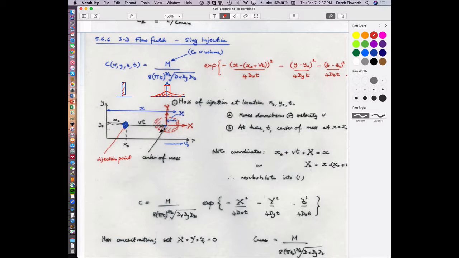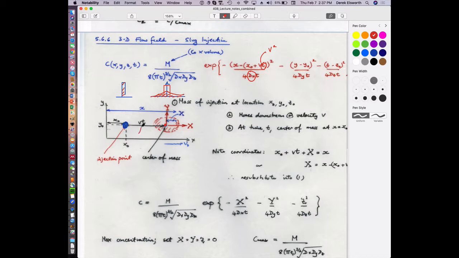And so this is basically the bell curve, the Gaussian distribution curve, and it's described by this. A coefficient that represents the rate at which it spreads, the time since you released it, and the advective velocity as it gets carried downstream. And if you think about it, this center of mass that's described by this is really just a length away from its upstream origin.